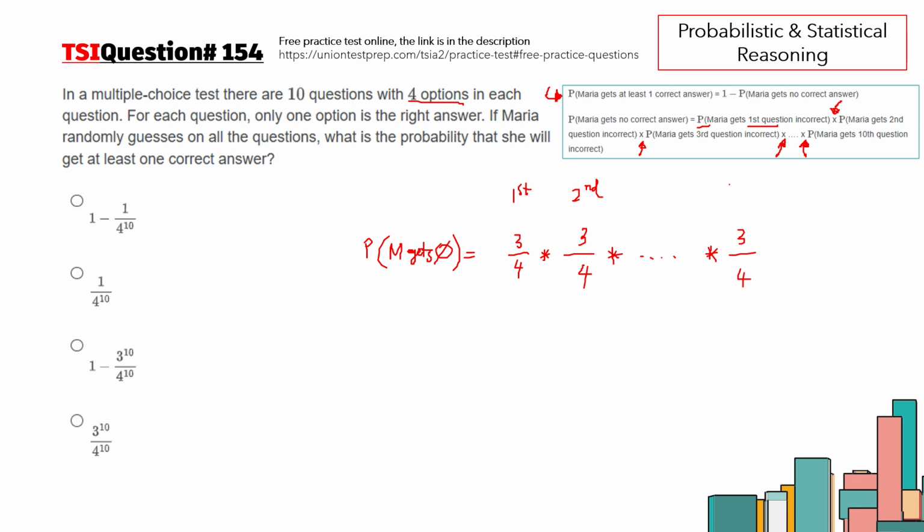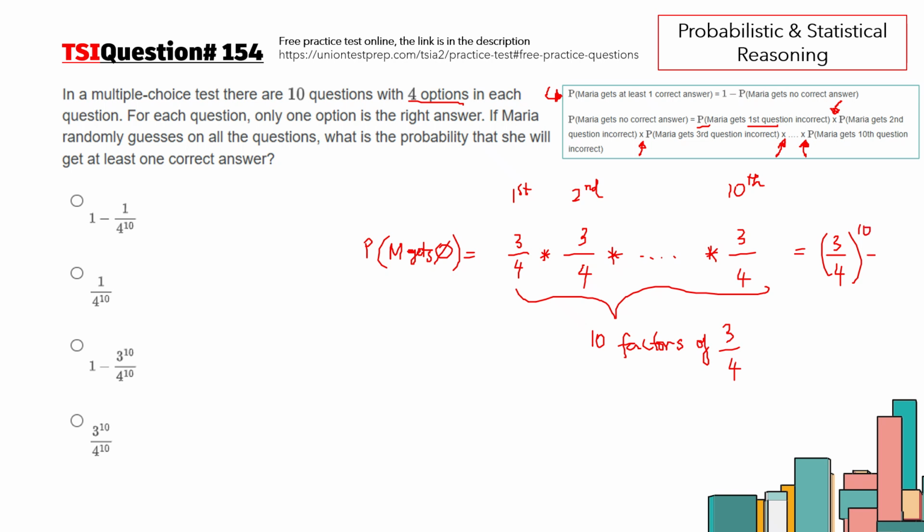In total we have 10 questions, so this will be 10 factors of 3 over 4. So we have 3 over 4 to the power of 10.